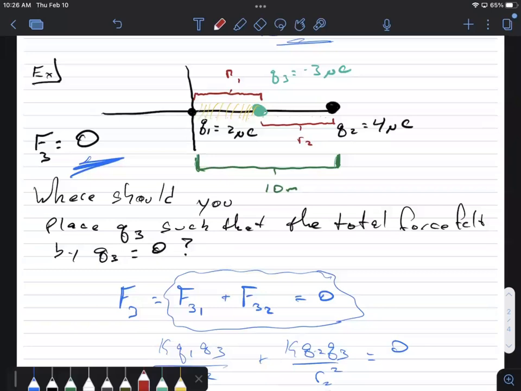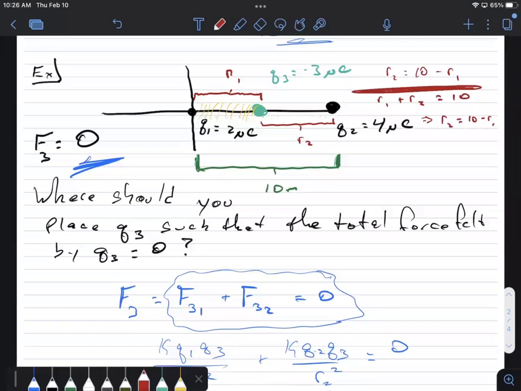So R2 is the full distance of 10 minus the piece we don't want, which is R1. Another way of saying it is R1 plus R2 must be the total distance of 10, right? And then I just solve this for R2. R2 is 10 minus R1. That's where it comes from.